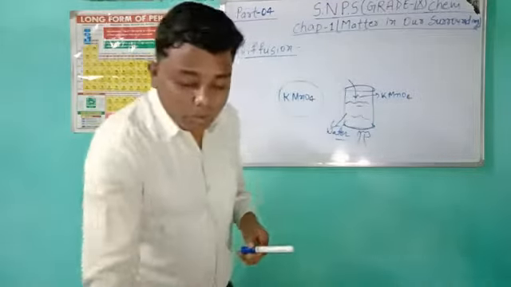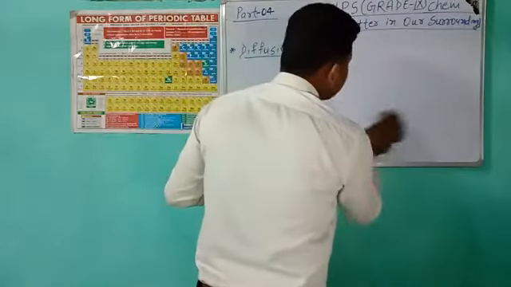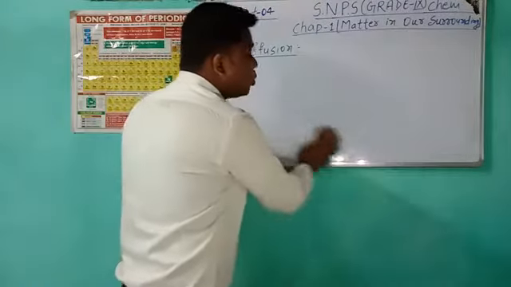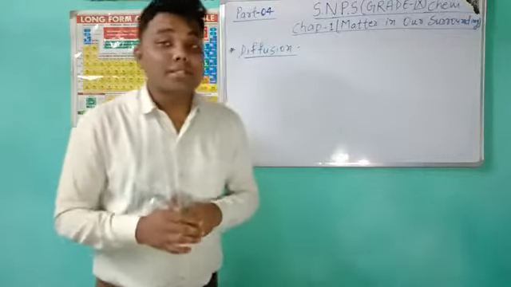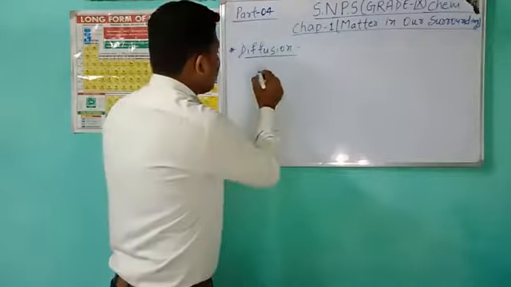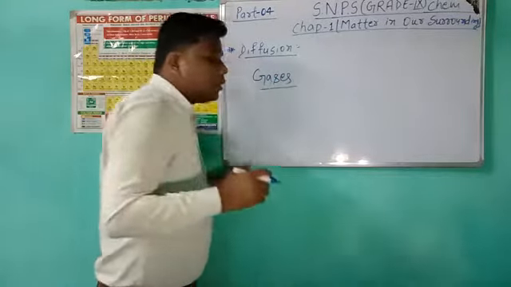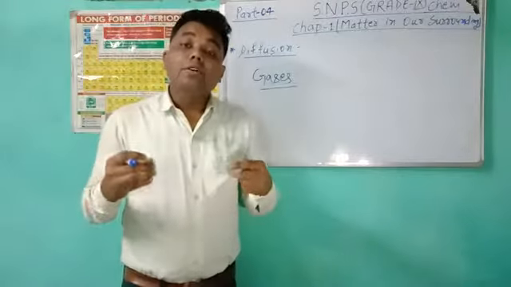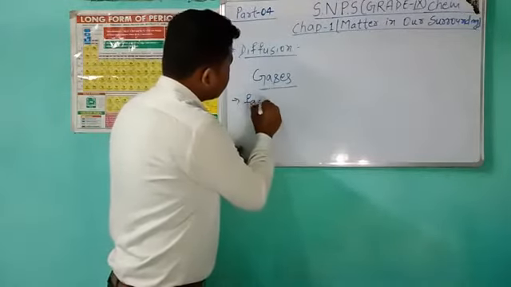Here we take some examples to show the effect of diffusion in gases, in liquids and in solids. First we talk about gases. The diffusion process is fastest in gases.